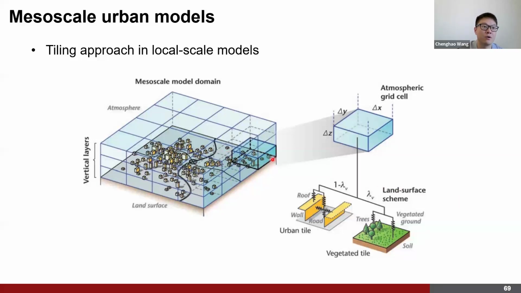It can have both rural and urban surface within each cell. So instead of just using an urban climate model to simulate the entire grid, we combine the results of an urban climate model and the natural land surface model. In this way, we model the urban fraction and non-urban fraction separately and calculate the weighted average as an output from this numerical cell and get back to the grid cell.